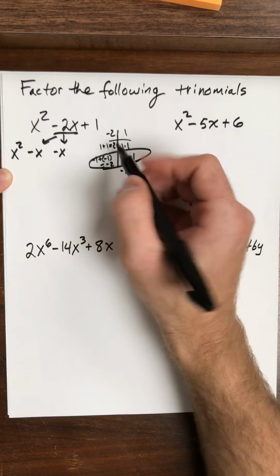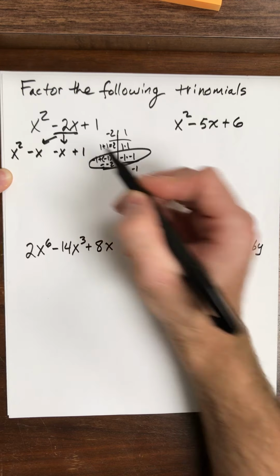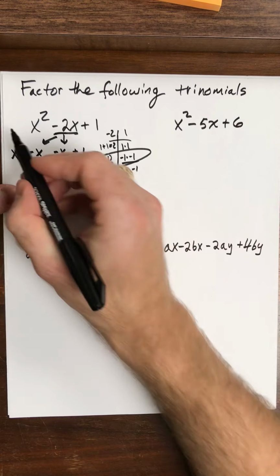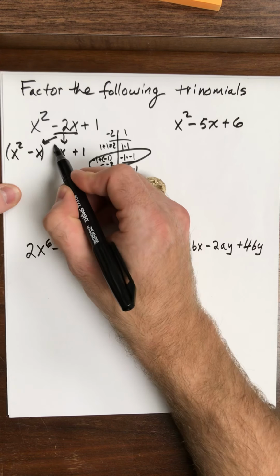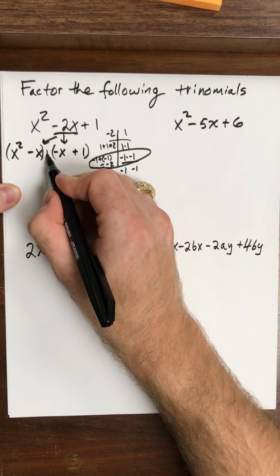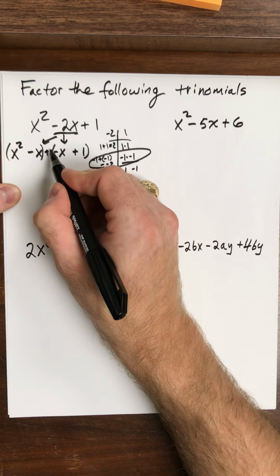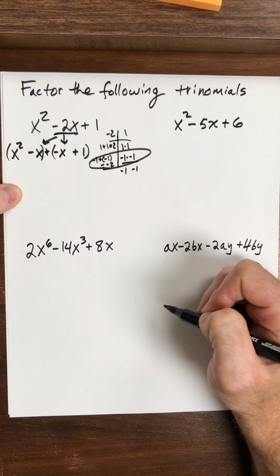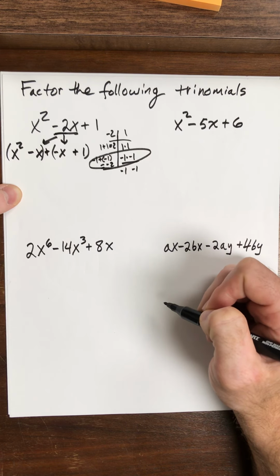I have half of it here and half of it there, plus my 1. Now, remember, we always have to have what between our groups? We have to have a plus sign. So make sure you tuck that negative inside the parentheses there. Otherwise, you're going to have some distribution problems.